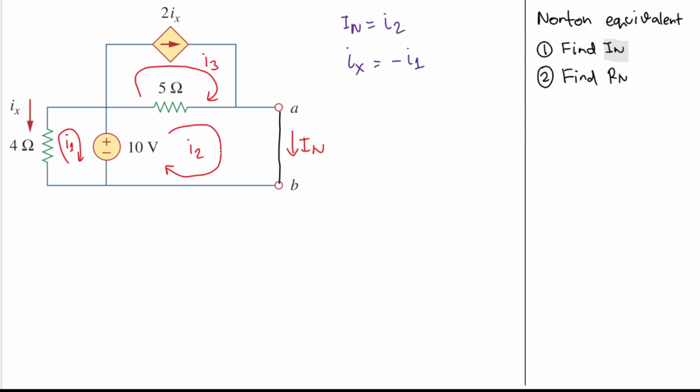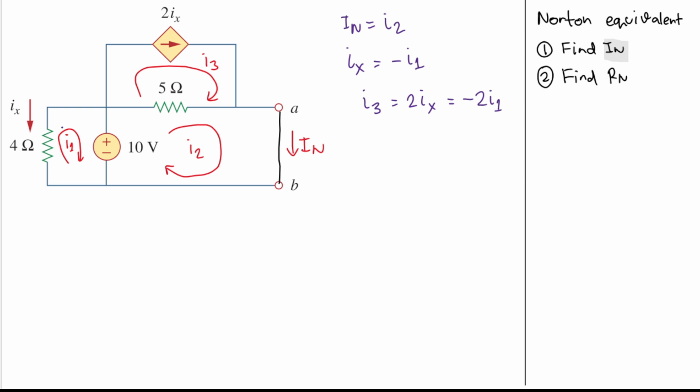Now I3 is supplied by this current source, so I3 is equal to 2Ix. However, Ix is minus I1, so I3 is equal to minus 2I1. I think we have extracted all the information from the circuit and the loops.